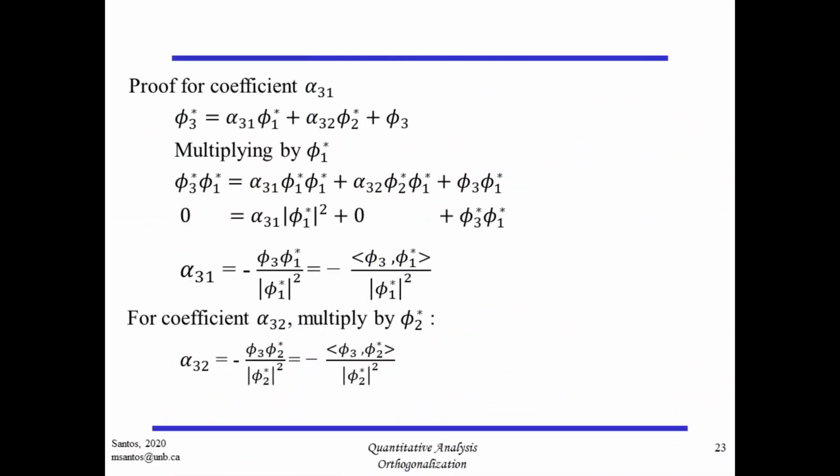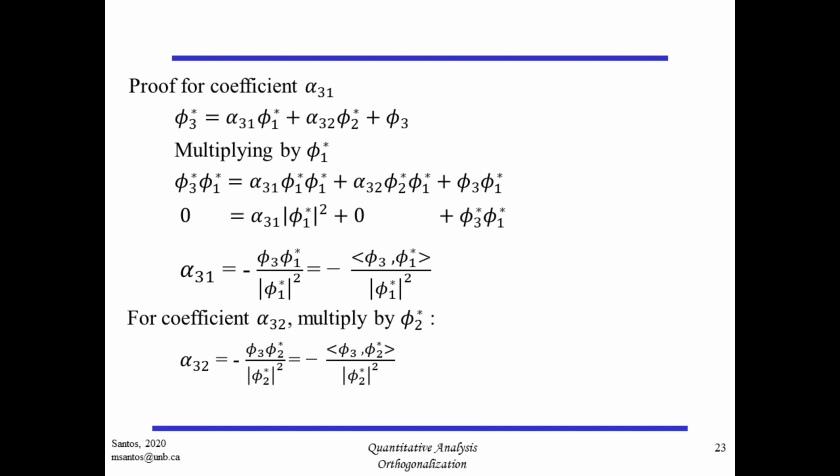The proof for coefficient 3,1 follows likewise. We start from the expression from the Gram-Schmidt generalization. We again multiply by phi 1 star, and we will have inner products that have to be equal to 0 to satisfy the condition of orthogonality. And we also have the product of phi star 1 by itself, which is the quadratic norm. And then we finally have the equation for the coefficient 3,1.